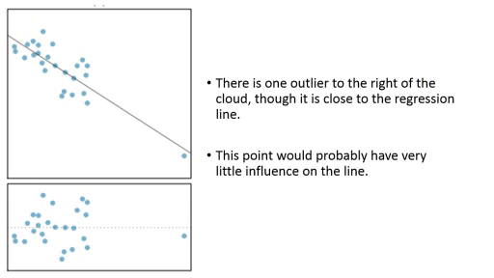Another one could be a point that is away from the cloud, but it falls on the line or close to the line anyway. Here we have our cloud up on top, and this point is fairly close to that line, and the cloud looks linear anyway. If we did it without this point, that line would fit that cloud anyway.